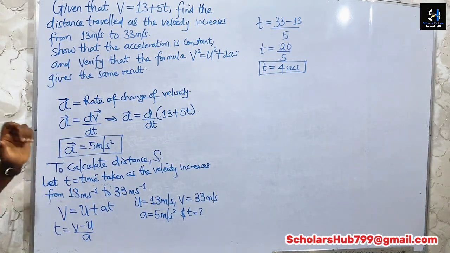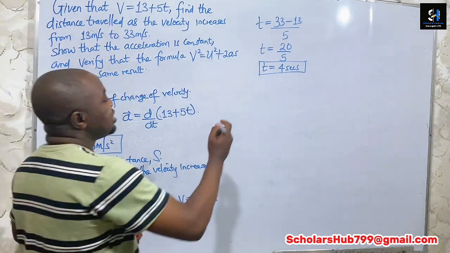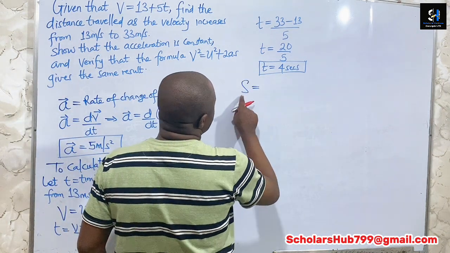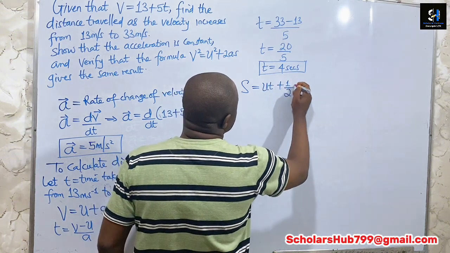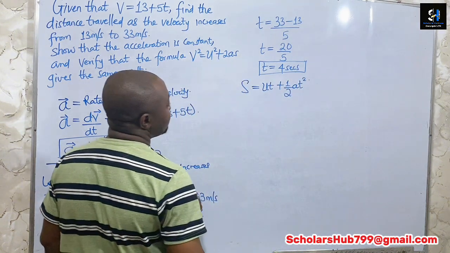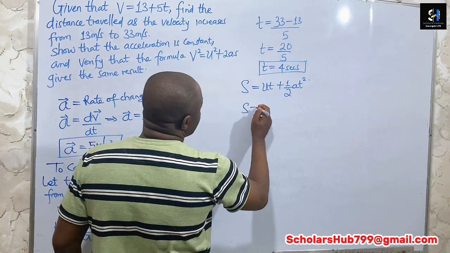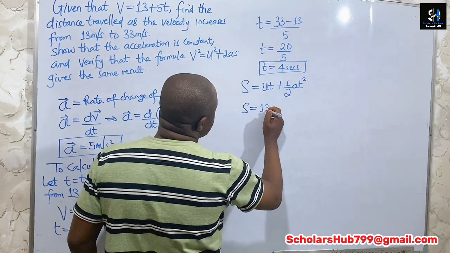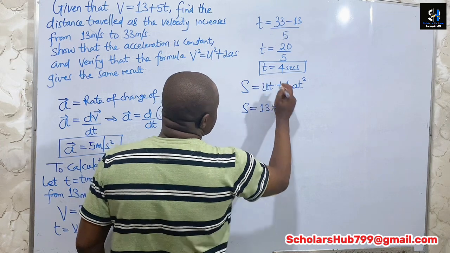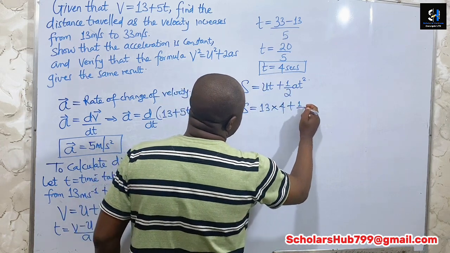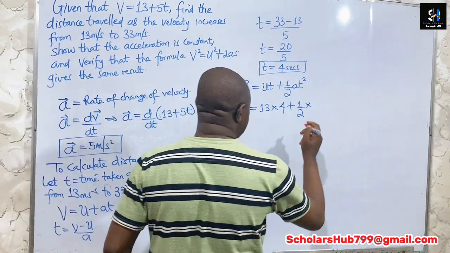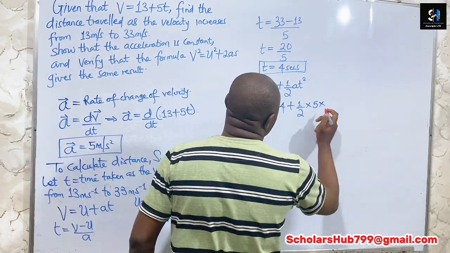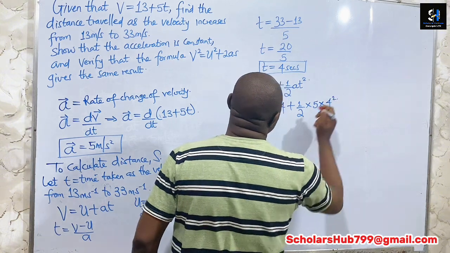Now to calculate the distance, we make use of s equals ut plus half at squared. So s equals the initial velocity 13 times the time 4 seconds, plus 1/2 of the acceleration 5 meters per second squared times 4 squared.